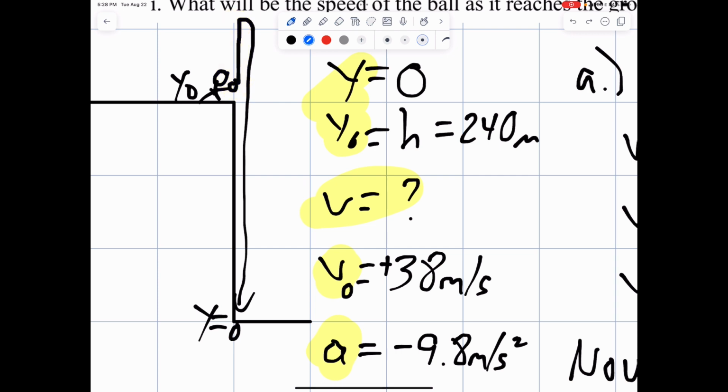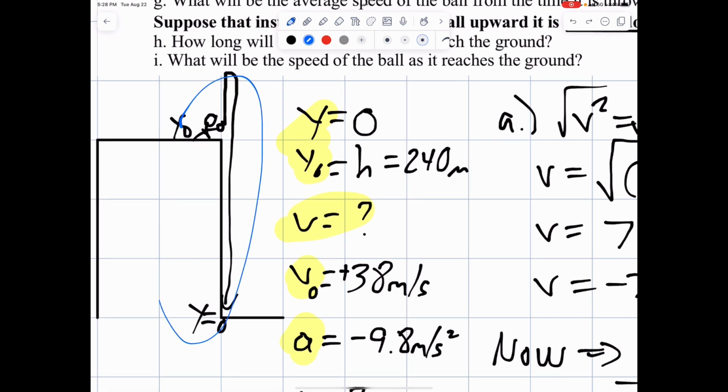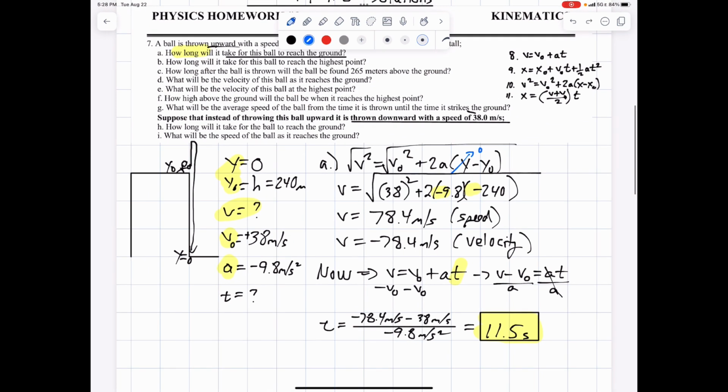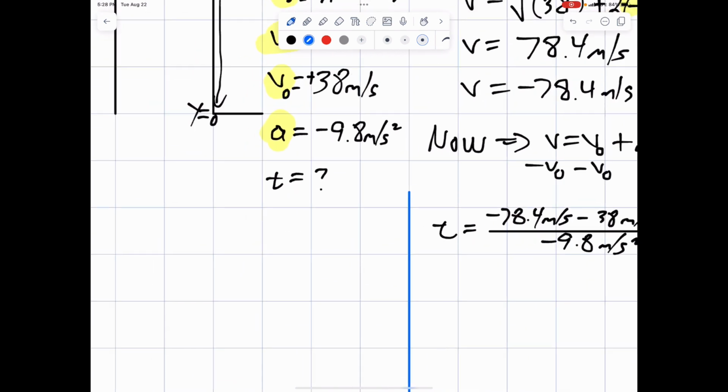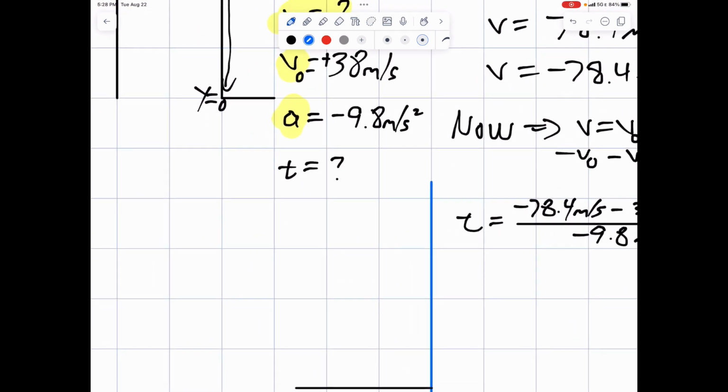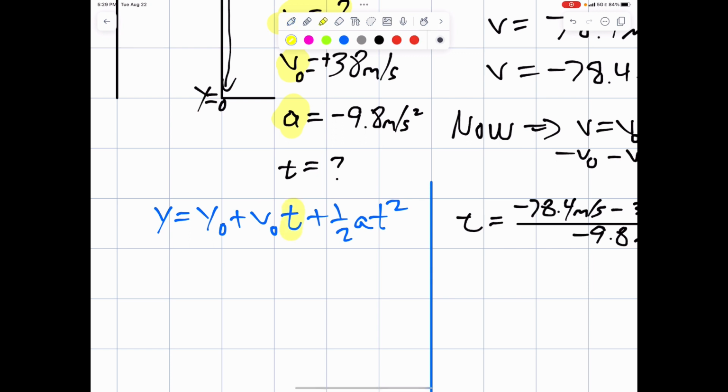Okay, and now another thing we could have done, taking into account the whole pathway there, we could have just simply jumped on, instead of 2 different equations, we could have done number 9. Now the way you would have done number 9 is this. Show you over to the side here. Okay, instead of x, we would have used y equals y naught plus v naught t plus 1/2 at squared. Now since you're solving for time, and time is quadratic here, what you would do is plug in numbers for these values.